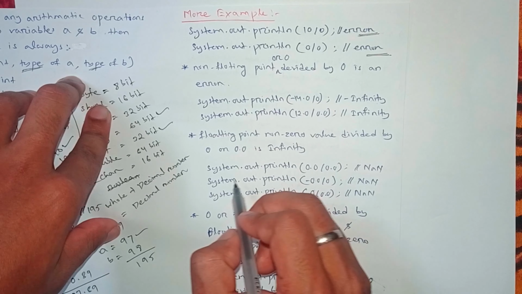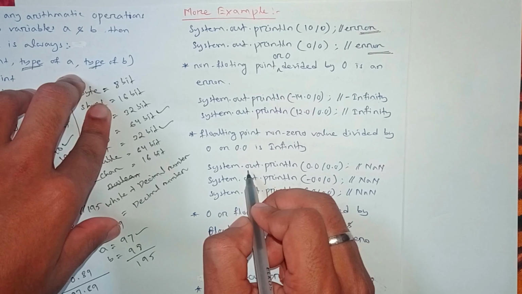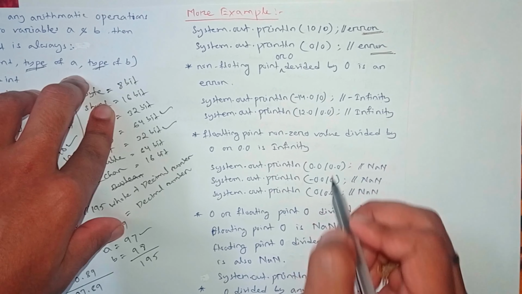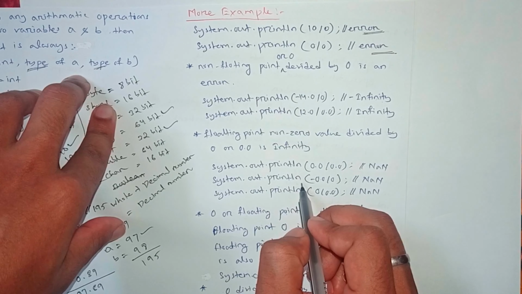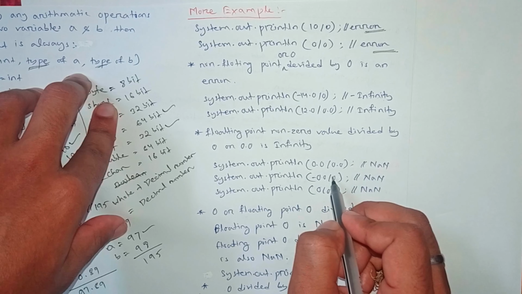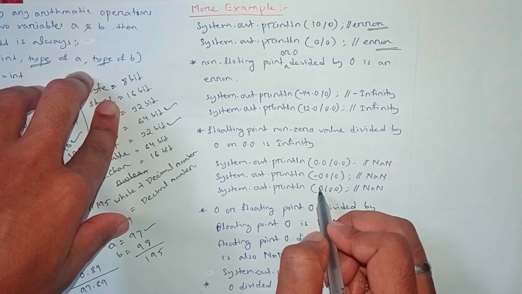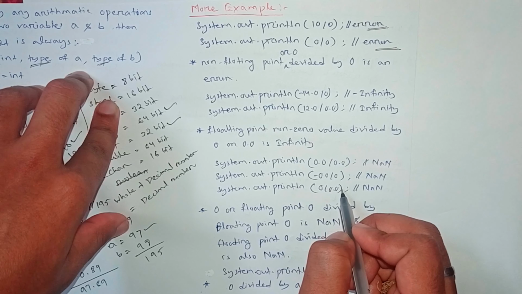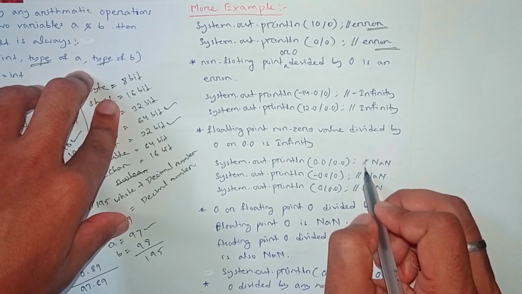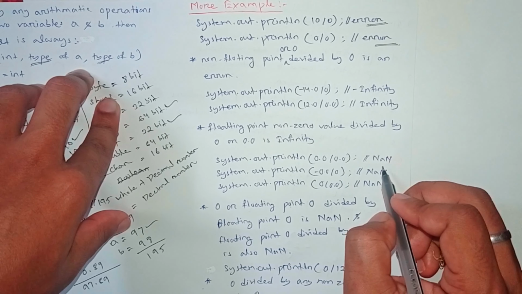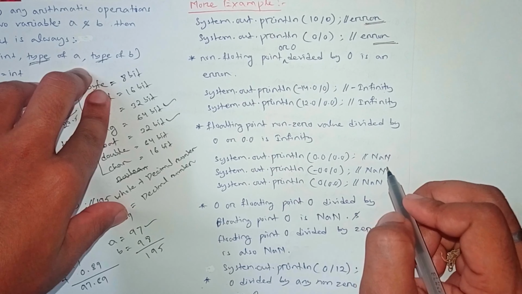Next, System.out.println(0.0 / 0), System.out.println(-0.0 / 0), System.out.println(0 / 0.0). Here the output will be NaN, that means not a number. Why?